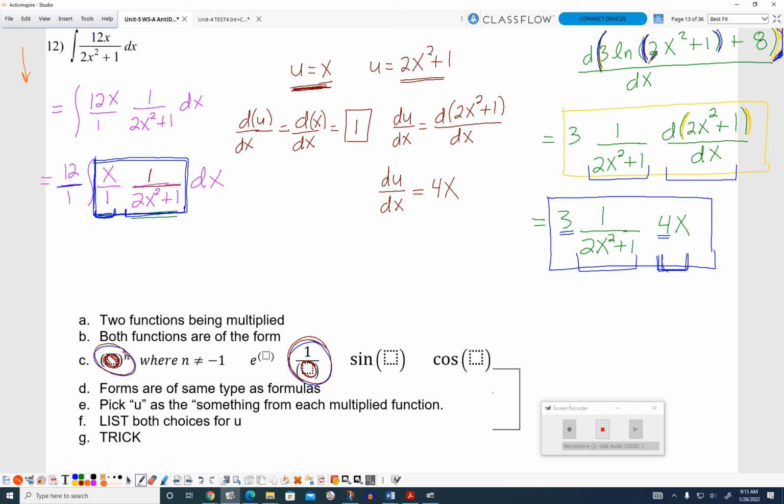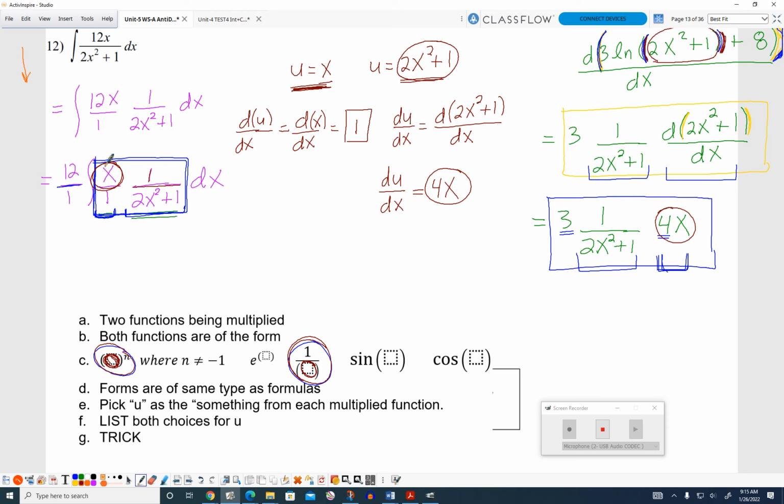It came from the fact that I was taking the derivative of some formula, and when I took the derivative of something, that's when I created the other multiplying function. So notice the pattern. If this is the correct something, the derivative of the something is supposed to be the other multiplying function, because that's how it was created when you did the chain rule.